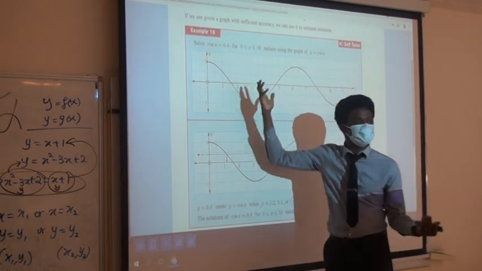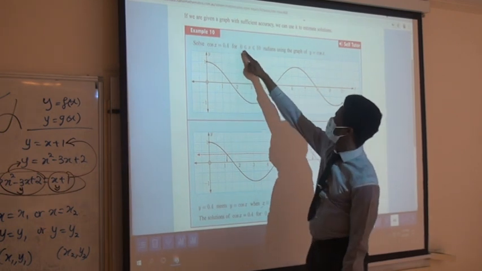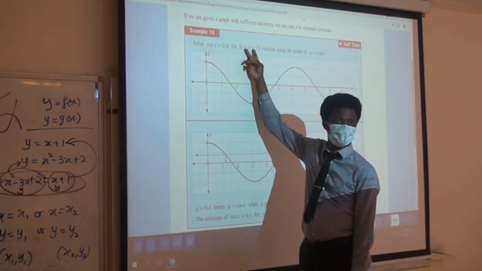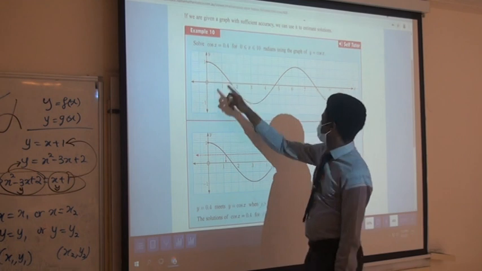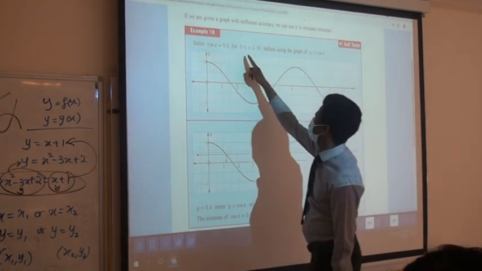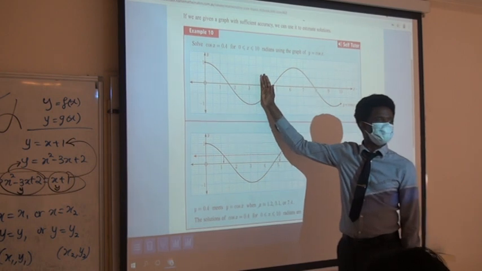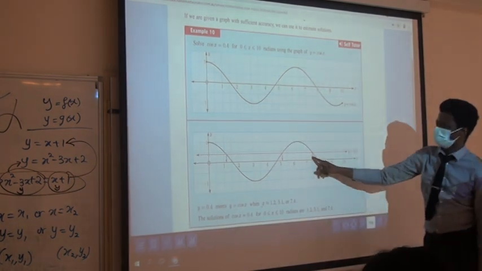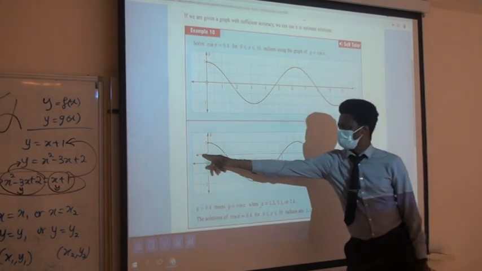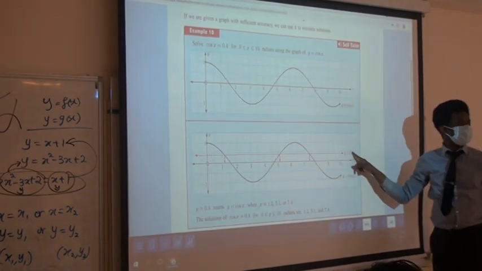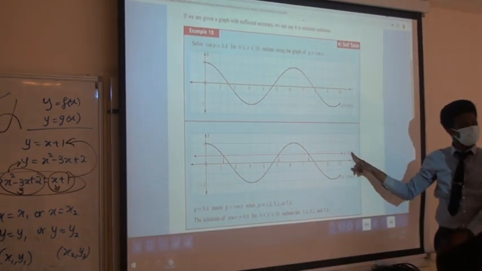And wherever they meet is the solution. And you were given the interval. You must work with the interval. If this graph gets to 10 and the interval given is 0 to 4, you cannot state your answer beyond 0 to 4. And so when the line is drawn, you could see the line y equals 0.4 has been drawn. Even the answer is on the board.